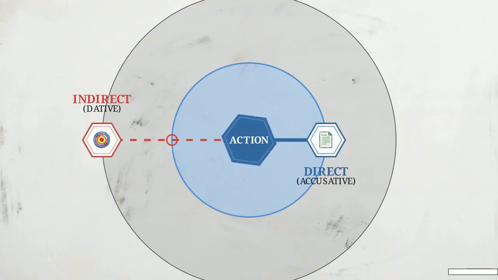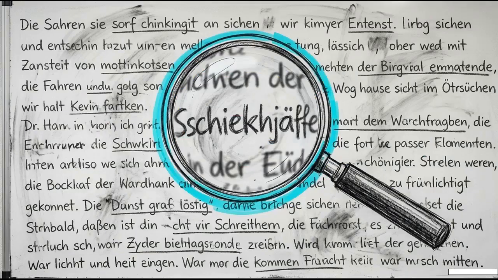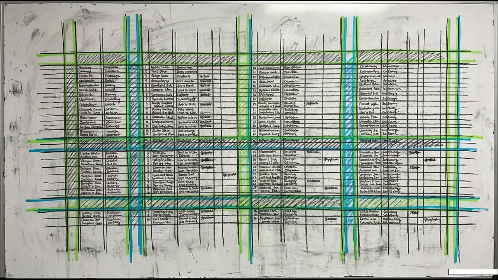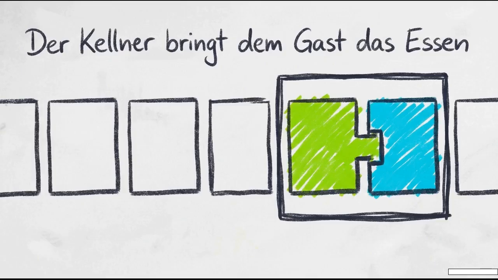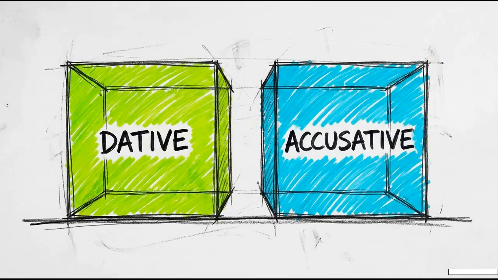Now we must shift our analytical focus from which morphological cases to use to where they must physically reside in the sentence, the rules of syntactic topology. Looking at a typographic layout of our master sentence, Der Kellner bringt dem Gast das Essen, a bounding box dictates the placement of the nouns. The baseline topological rule is clear.